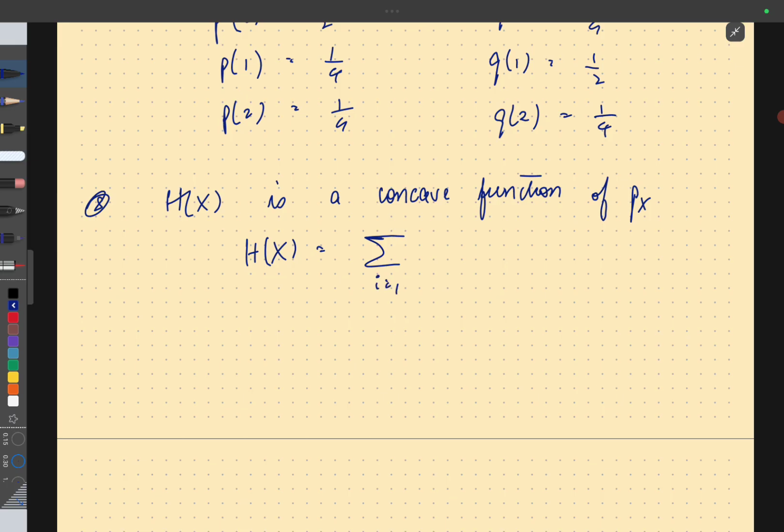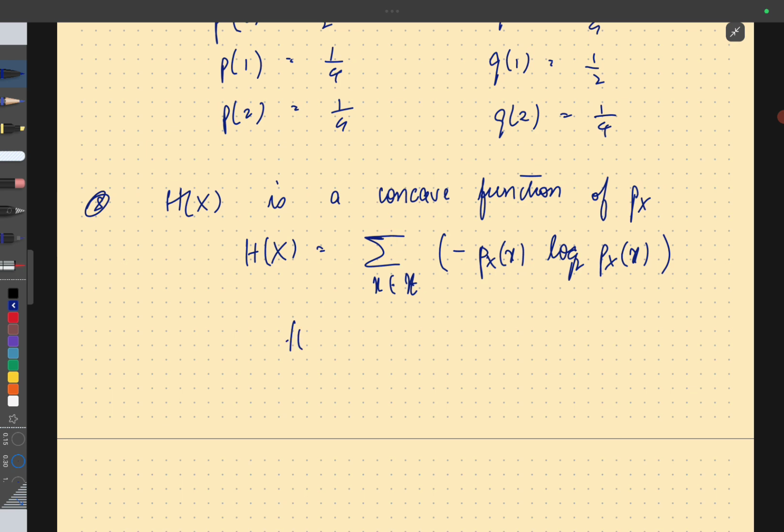So the entropy is simply the summation over whatever x in script x of minus p of x log p of x, right?